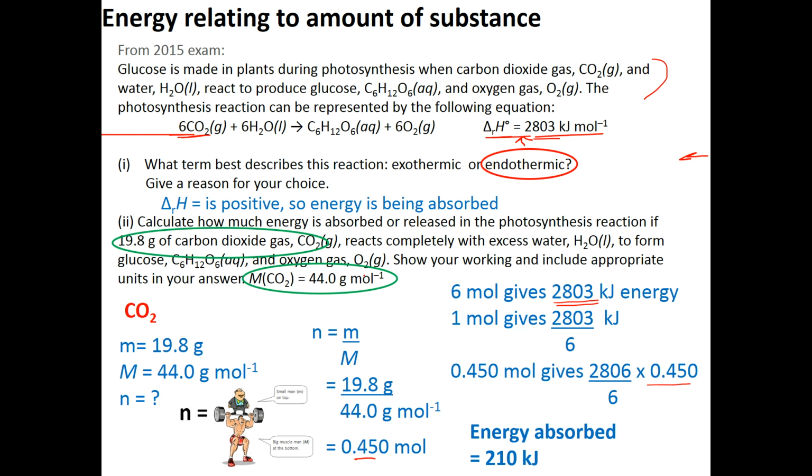Secondly, your values are given to 3 significant figures, so your answer should be given to 3 significant figures. Ideally, the 210 should be written as 2.10 times 10 to the 2 kilojoules. And that way you can clearly see the 3 significant figures.